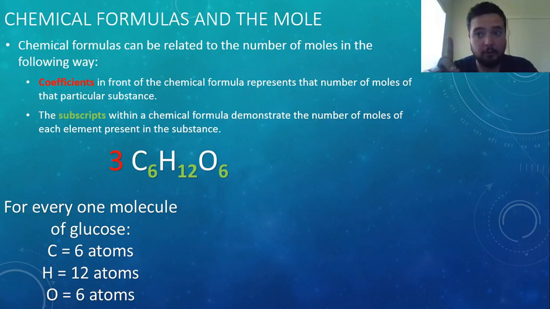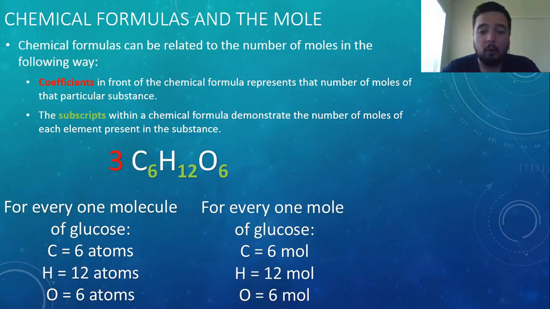That's for 1 molecule of glucose, one single thing. Then, for every 1 mole of glucose, I just times these atoms by the number of moles. So I'll have 6 moles of carbon for every 1 mole of glucose, 12 moles of hydrogen for every 1 mole of glucose, and then 6 moles of oxygen for every 1 mole of glucose.